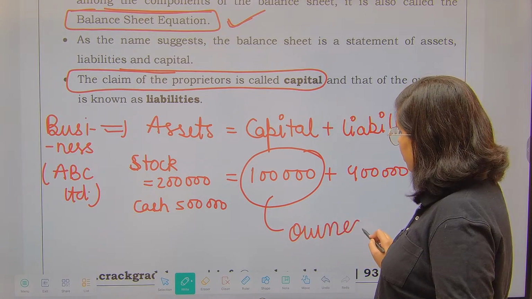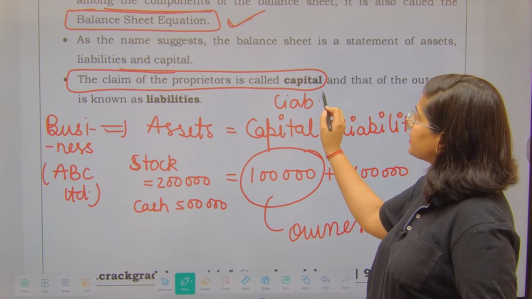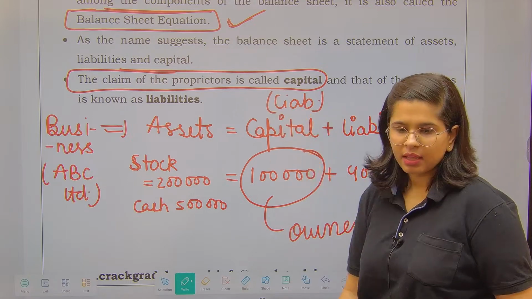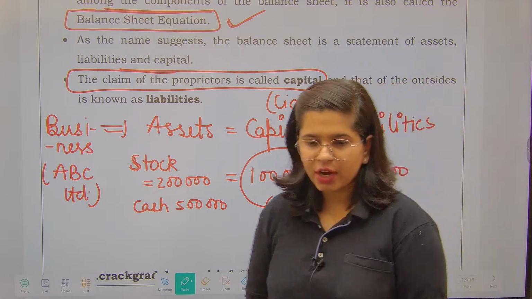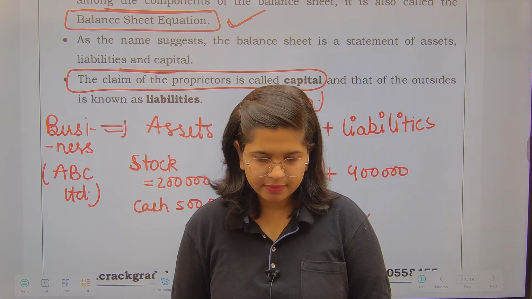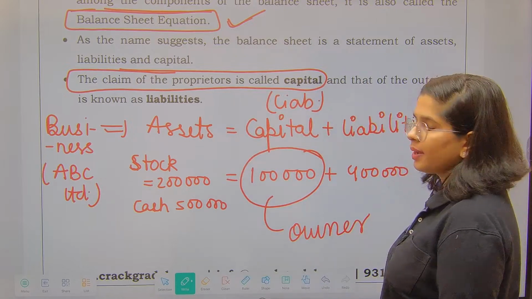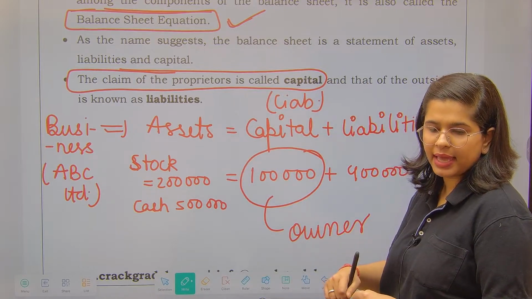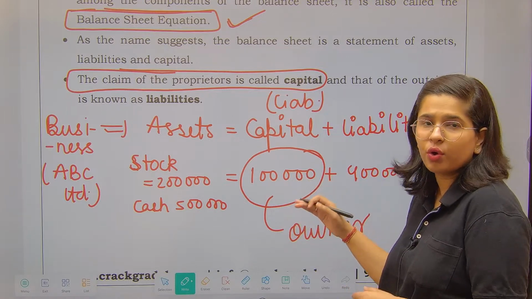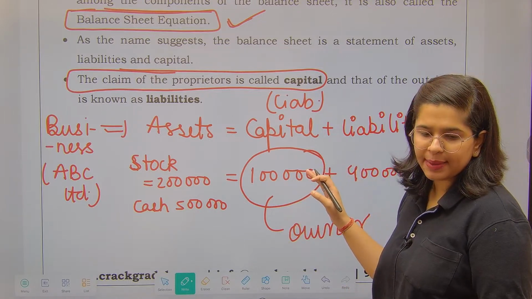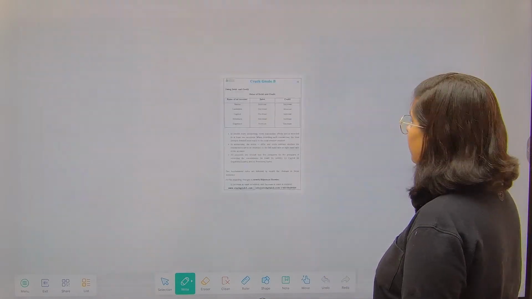And in a way, this is also a liability on the head of the business. Is your doubt clear? We are not talking about the personal expenses, personal assets or personal liabilities of the owner. Everything of the owner is separate. Just the amount he has brought will be called the capital.